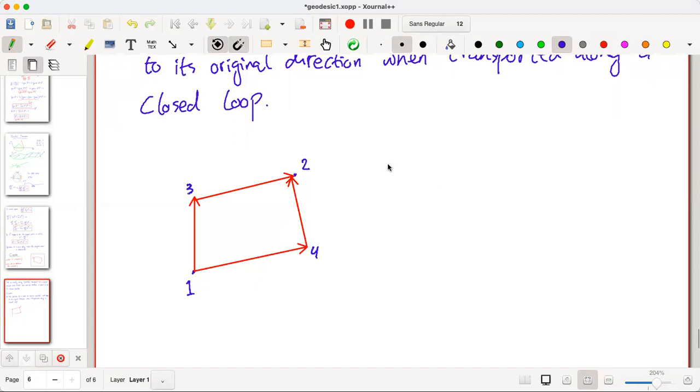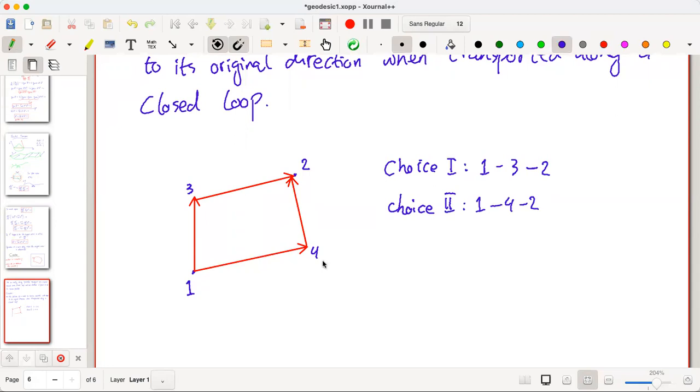So the first choice, I'm going from 1, 3, 2. So I arrive at 2. Another choice is that I'm going from 1 to 4 and to 2. All right. So in this sense, both describe a closed loop.